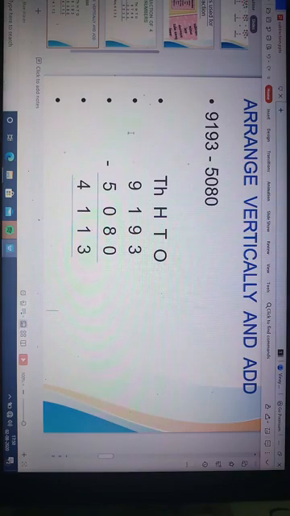First of all, arrange these numbers in columns and then subtract. Write the bigger number down first and after that the smaller number. Again subtract ones, 3 minus 0, 3. Then tens, 9 minus 8, 1. Then hundreds, 1 minus 0, 1. And then thousands, 9 minus 5 is 4.